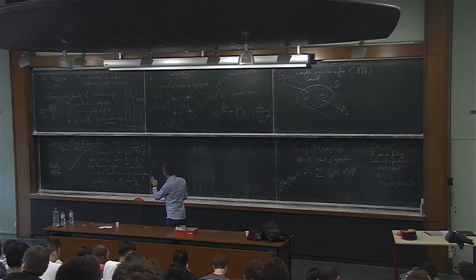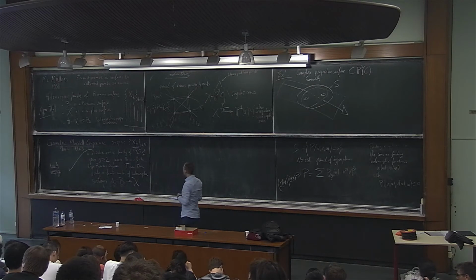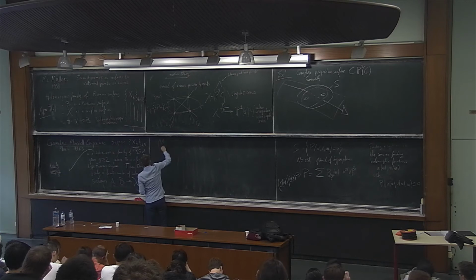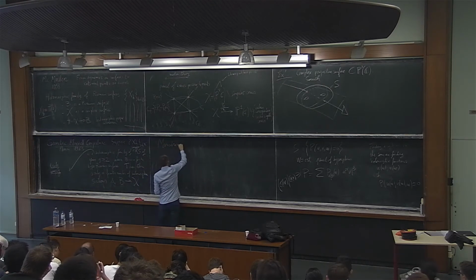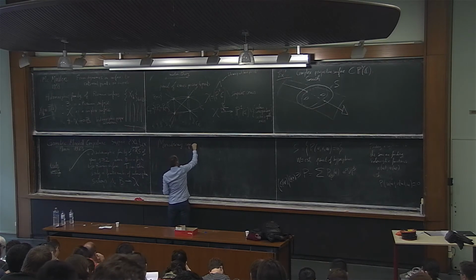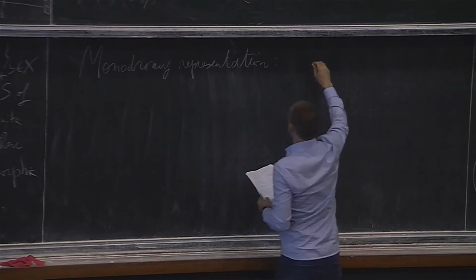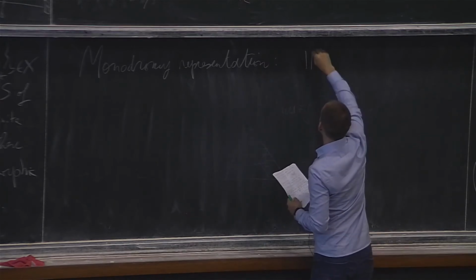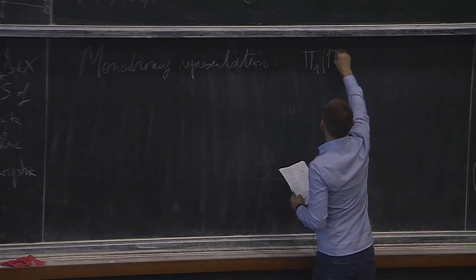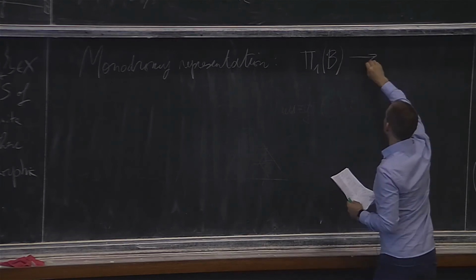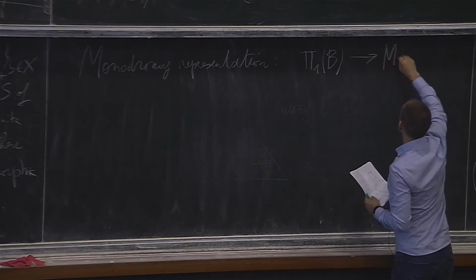And so, in fact, you get a representation from the fundamental group of B to the modular group of the fiber, which is called the monodromy representation. So this is a representation from the fundamental group of B to the modular group.